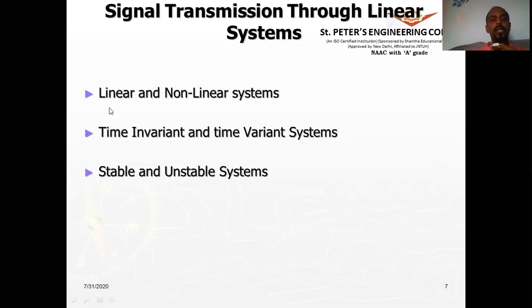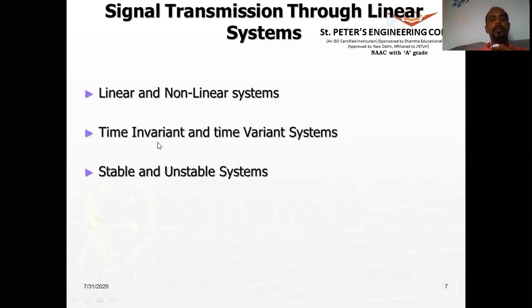So we deal with systems which are LTI, meaning linear time invariant systems. There are linear time variant systems, non-linear time variant systems, non-linear time invariant systems. There can be so many combinations, but we are dealing with only linear time invariant systems. That means it is linear, it obeys the principle of superposition.